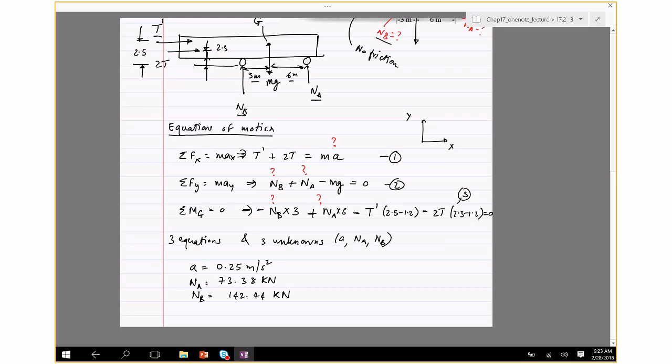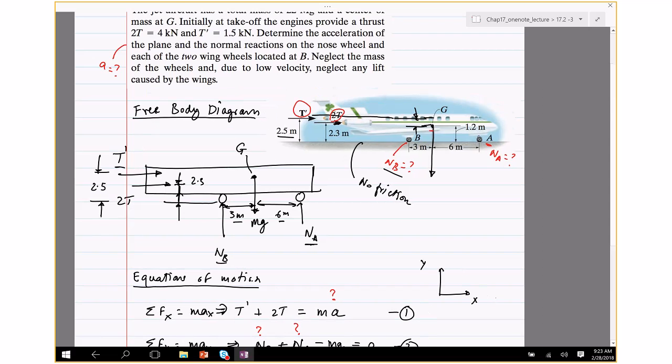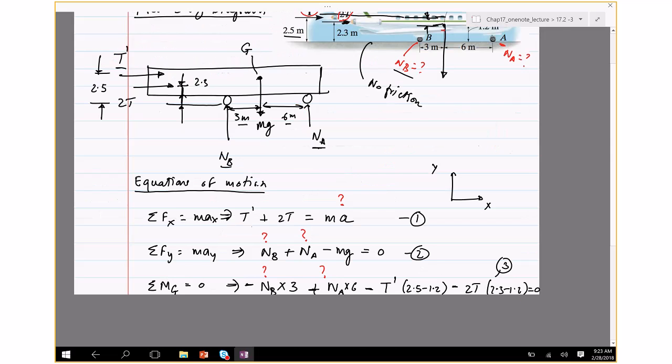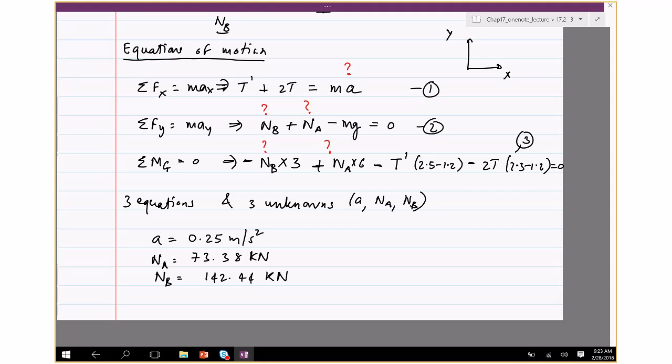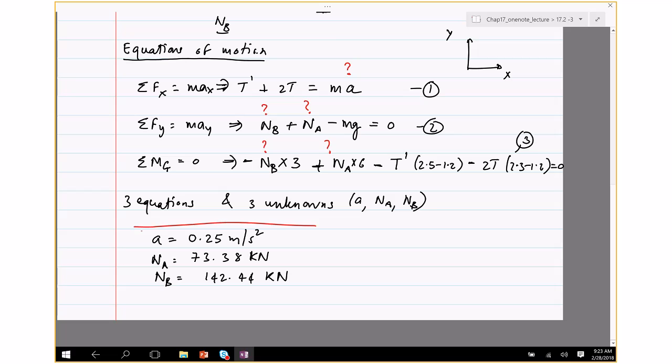Now, what does the question ask you for? It asks you for the force on both the wheels, so it's asking you for the sum, so it's asking you for NB. If it asked you for the force on each of the rear wheels, then you'd take half of that. So it's about 72.22 is the force on each of the wheels. But this is what is asked. So that is the answer.